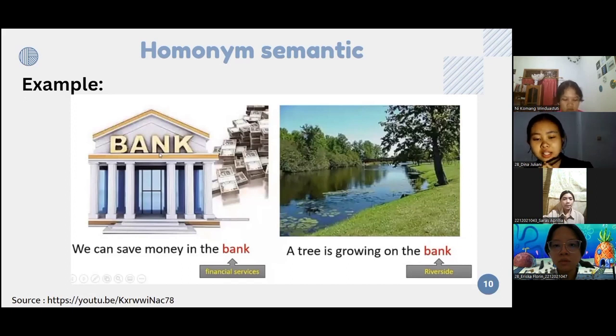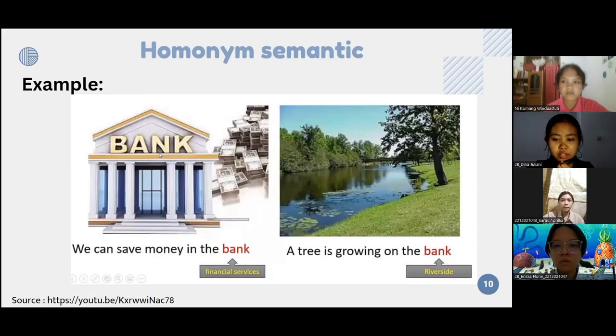But in the second sentence, a tree is growing on the bank. The bank here refers to riverside. We know it from the context of the sentence: a tree is growing on. The place where a tree can possibly grow is of course a riverside, not a financial service.